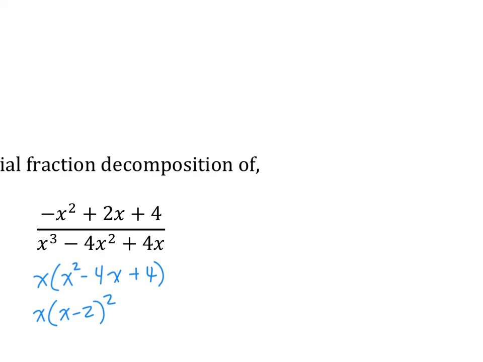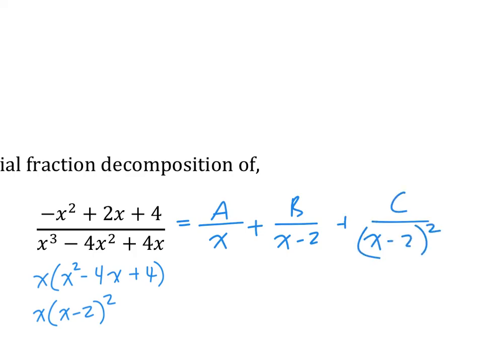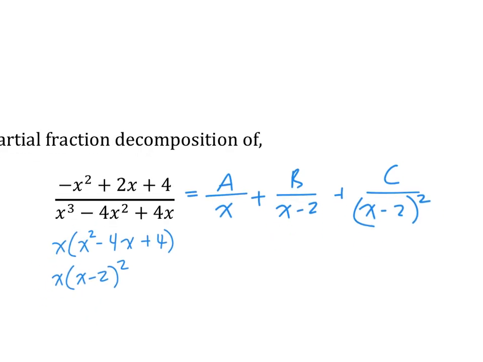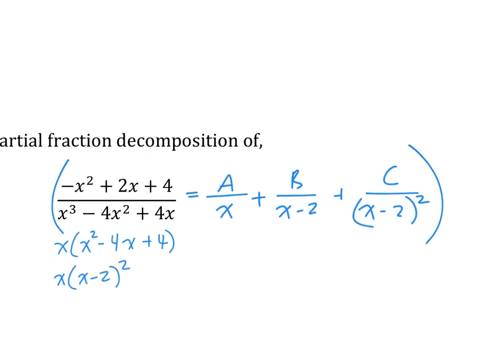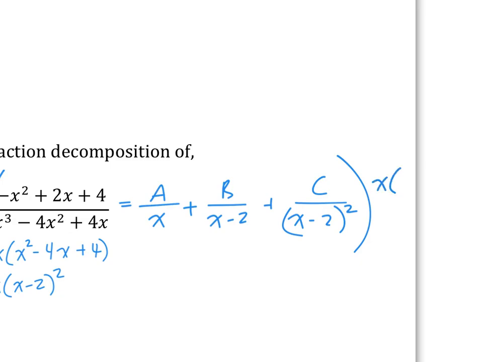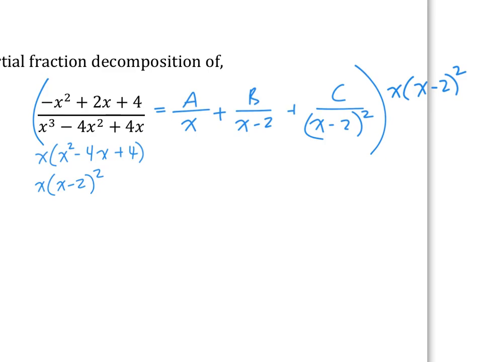Okay, so this is going to be A over x plus B over x minus 2 plus C over x minus 2 squared. To solve this, you need to multiply by the least common denominator. This is just very long, but it is solvable. So the least common denominator definitely has to be just that denominator. So on the left, everything cancels.